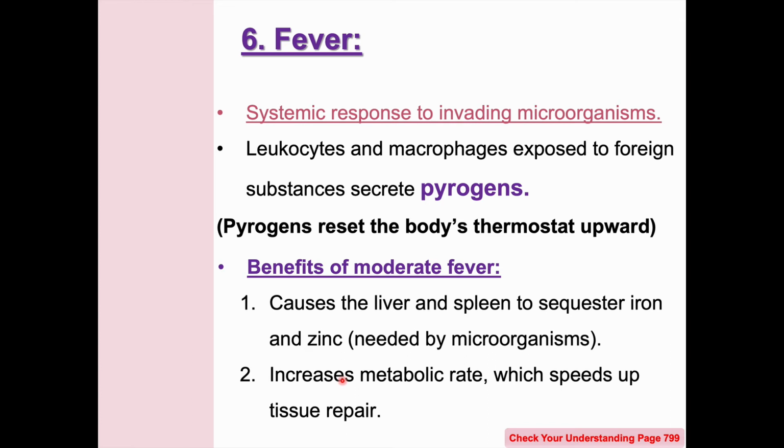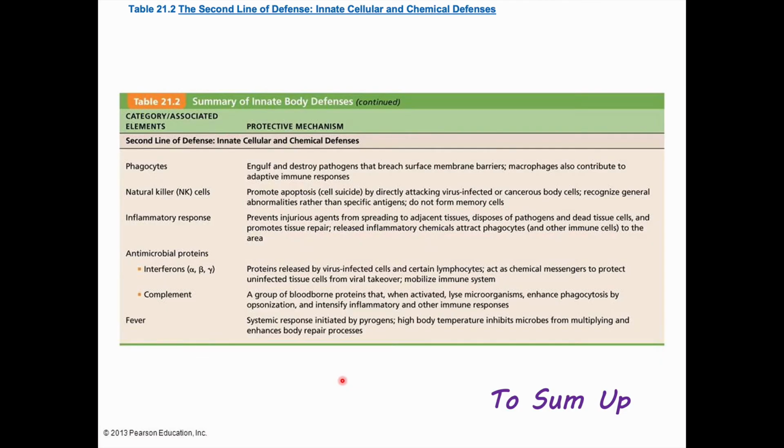Not only this, if there is any local wound or injury, there is a severe amount of high temperature present. So the advantage of the fever is that the metabolic rate is increased, thereby more antibodies are produced and more energy is produced.